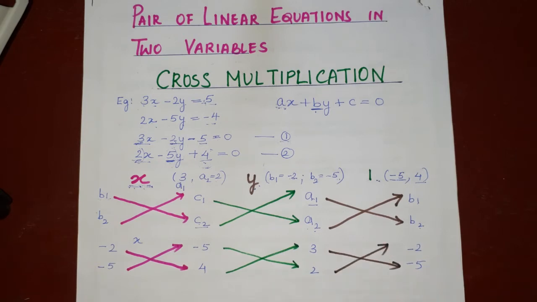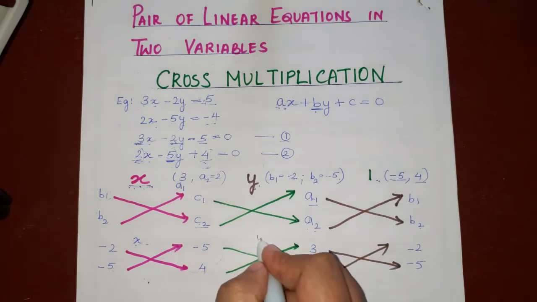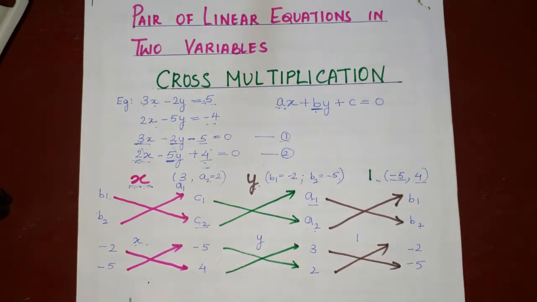Now let's multiply. So now what are the numbers under x? These two numbers and these two numbers are falling under x, correct? So I'm going to write it like this: x upon, just look at the direction of the arrow. This 2 is getting multiplied by this 4.